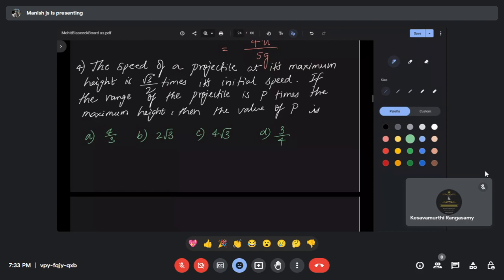It's not 2 root 3. Yes, anybody else? No idea?